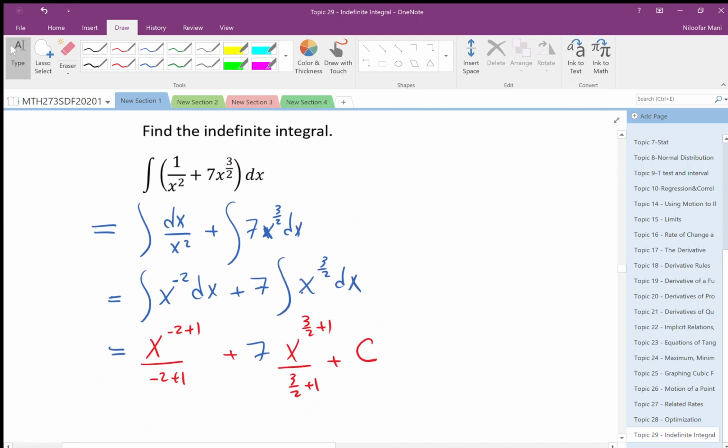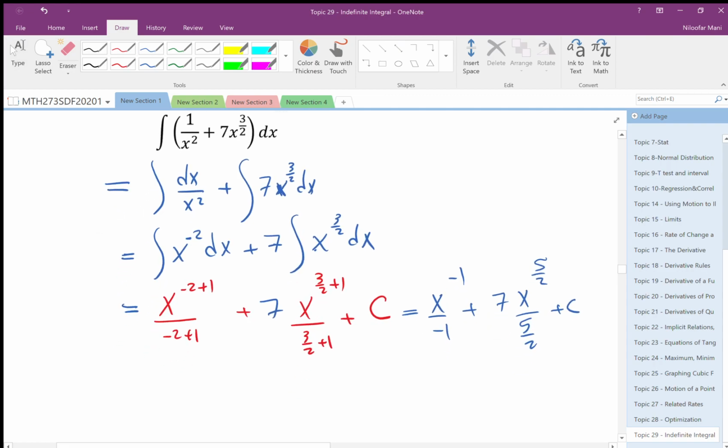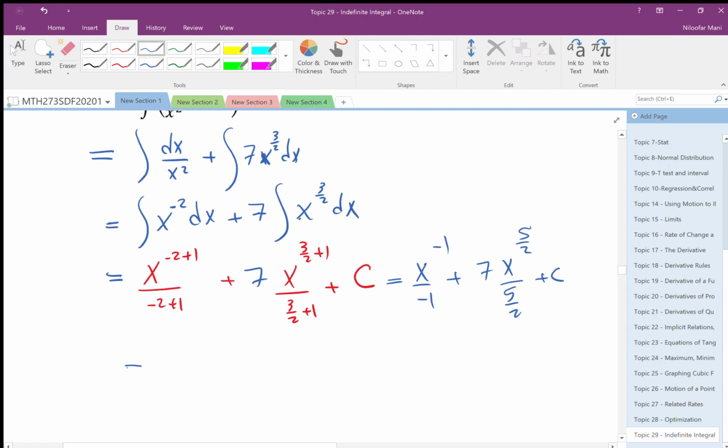Okay, so I have x power minus 1 divided by minus 1 plus 7 x power 5 over 2 divided by 5 over 2 plus c, which is minus 1 over x plus 14 over 5 x power this plus c.